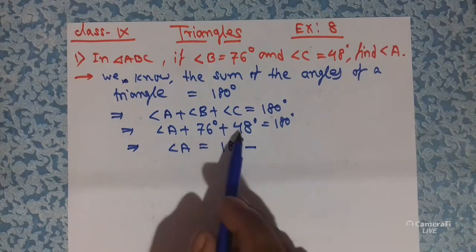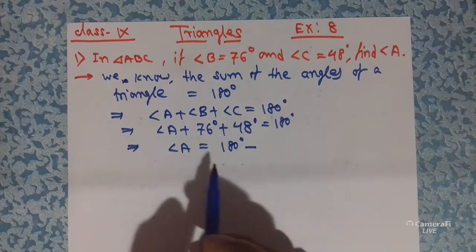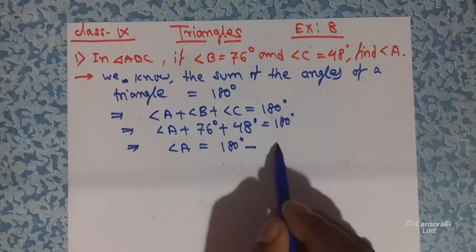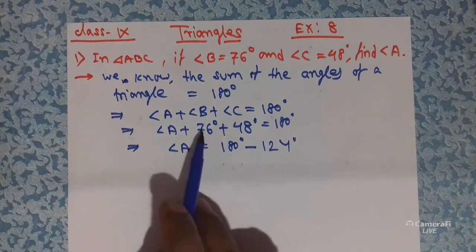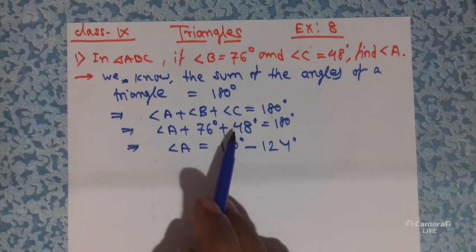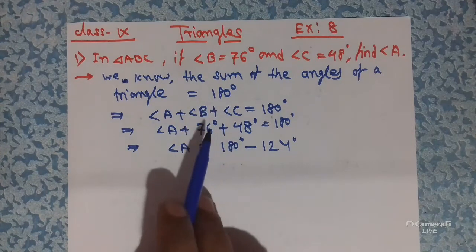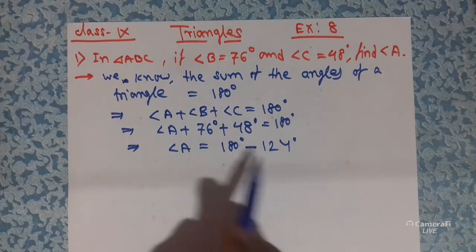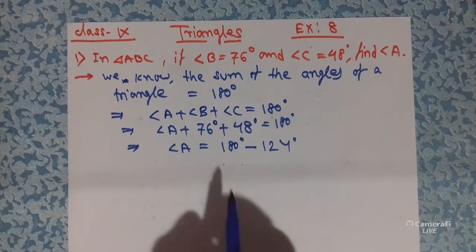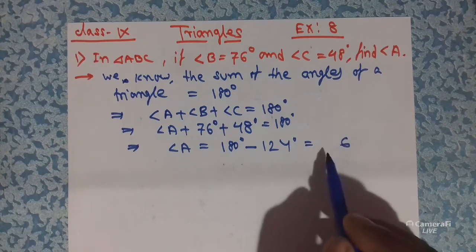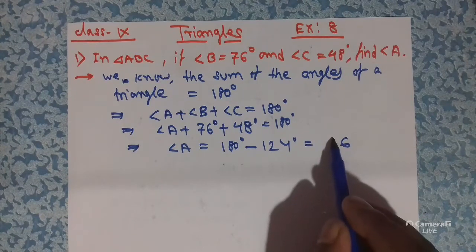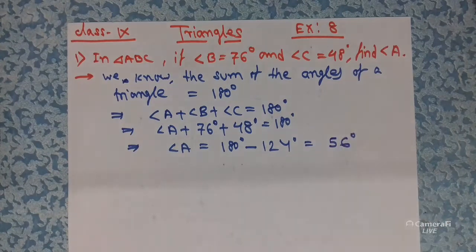So 76 plus 48 is equal to 124. If we transfer 124 to the right hand side, it will be minus 124. So the value of A is 56 degrees. I hope all of you understood.